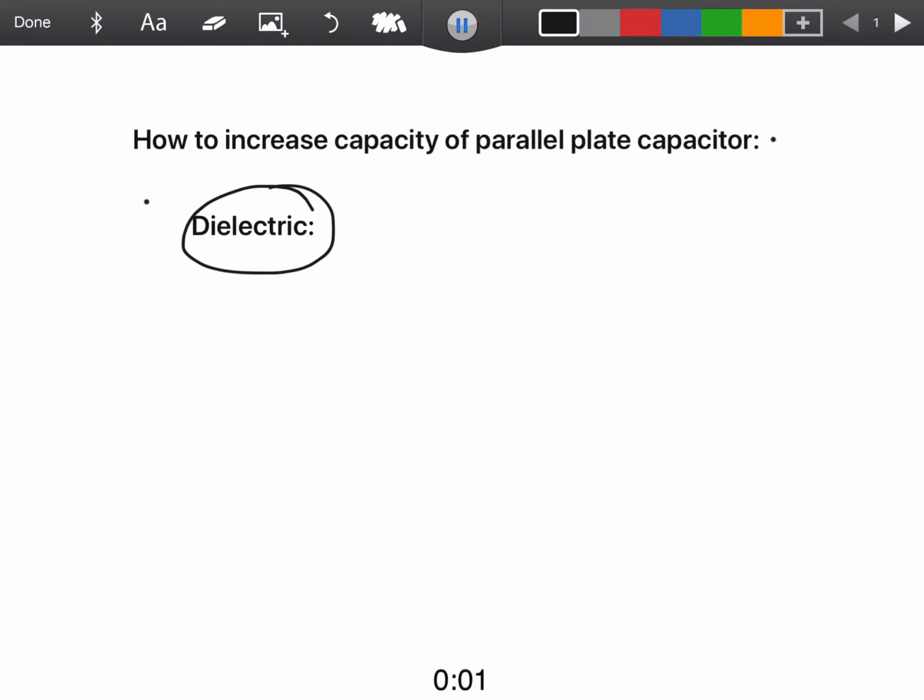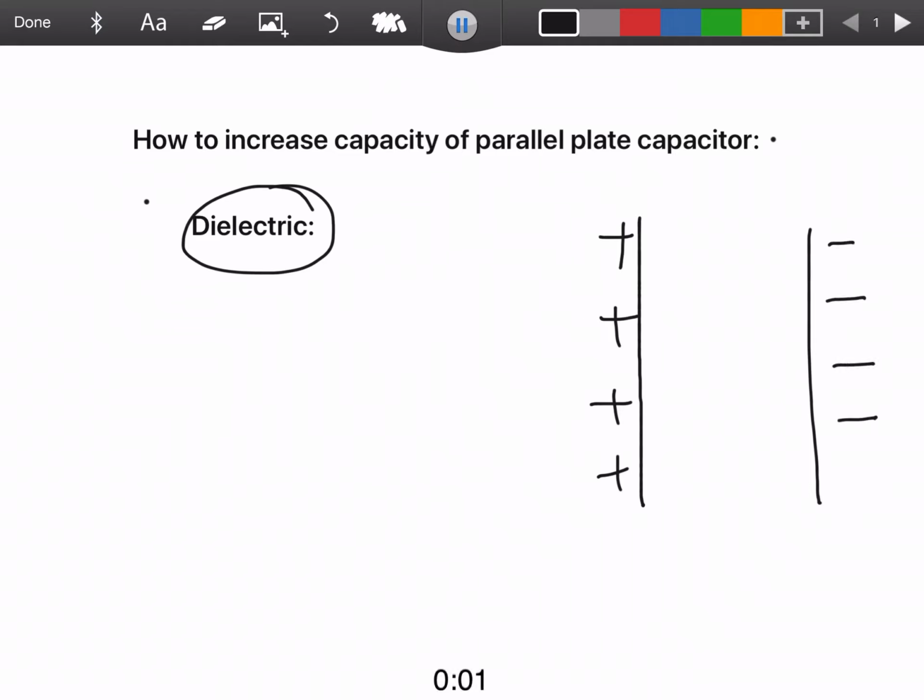Now let us suppose we have a parallel plate capacitor and let us place a dielectric plate or a dielectric slab inside the separation between two plates of parallel plate capacitor.